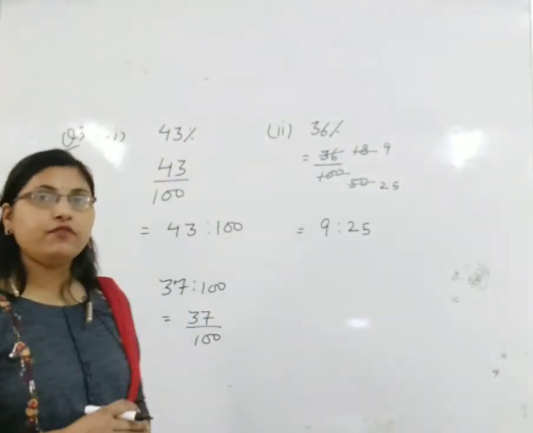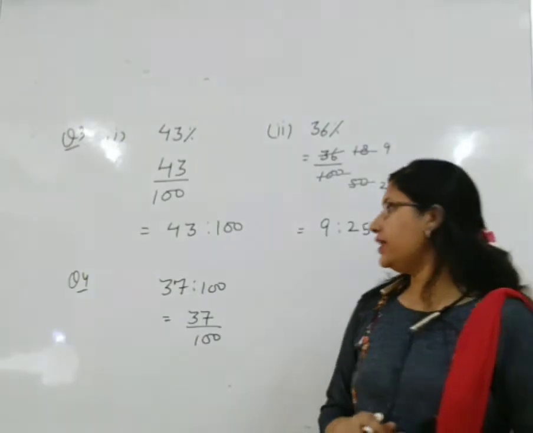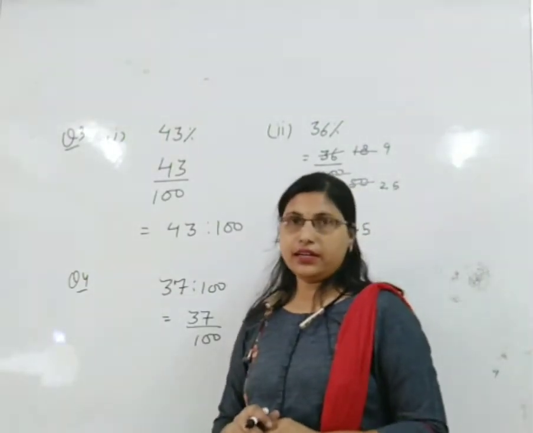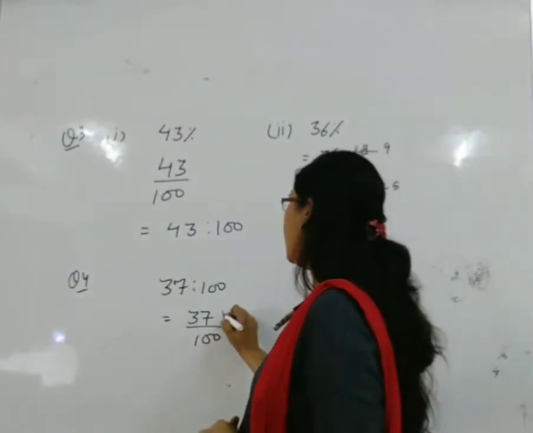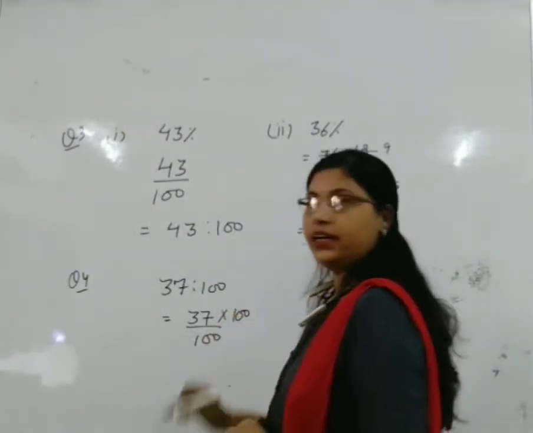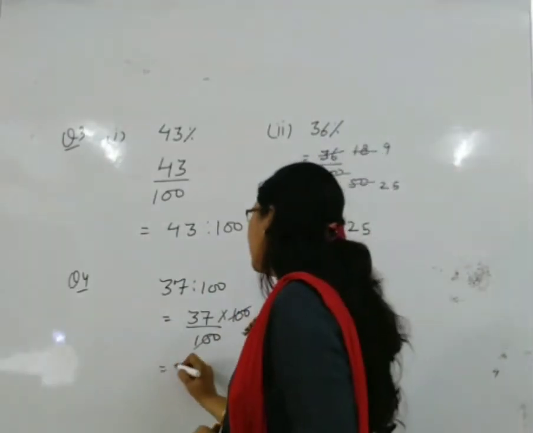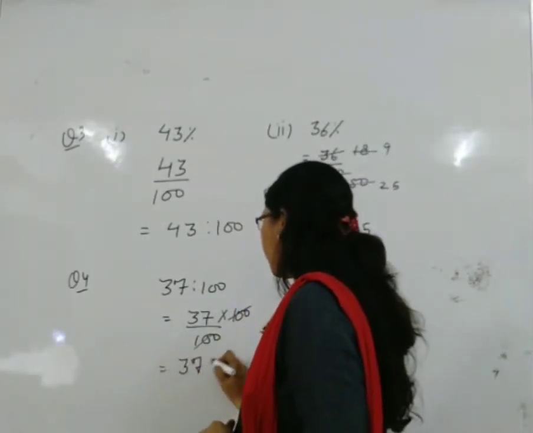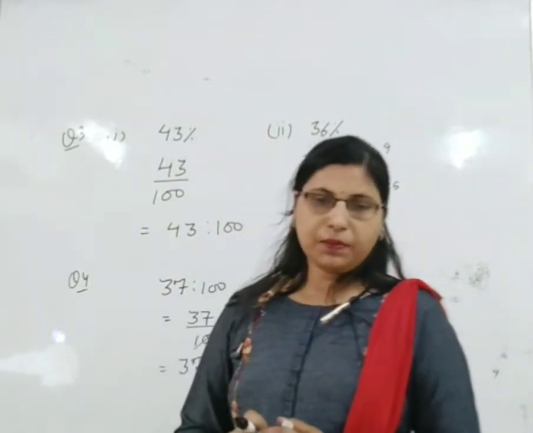Now whenever we have to make the number a percentage, we learned that we have to multiply by 100. Numerator or denominator? Numerator. We have to multiply the numerator by 100. Now this 100 and 100 will be cancelled out and the answer is 37%. Clear everyone? Let us see one more part.